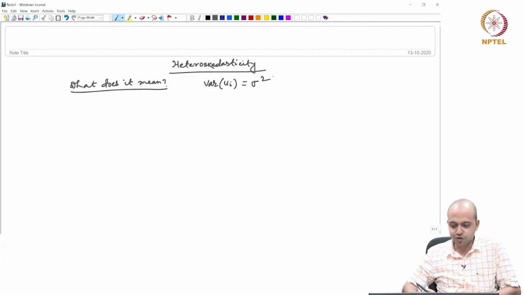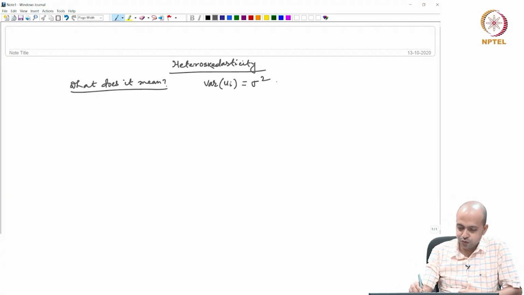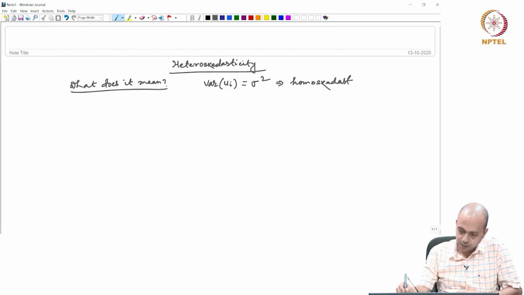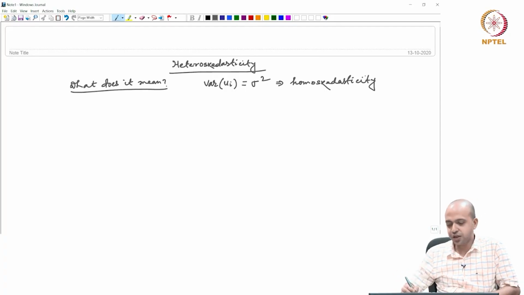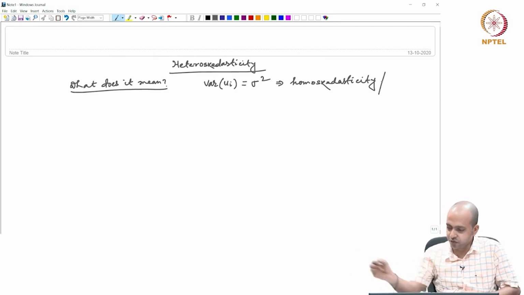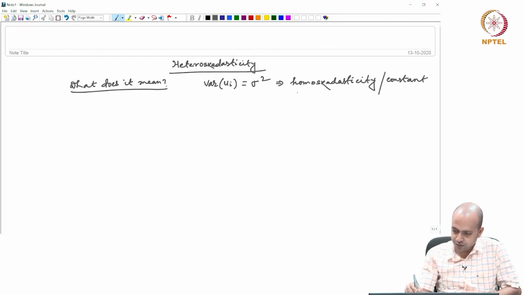Okay, that was the assumption of the classical linear regression model, and if this assumption is satisfied, then this is called homoscedasticity. And homoscedasticity basically means a constant error variance. The other name of this is constant error variance.